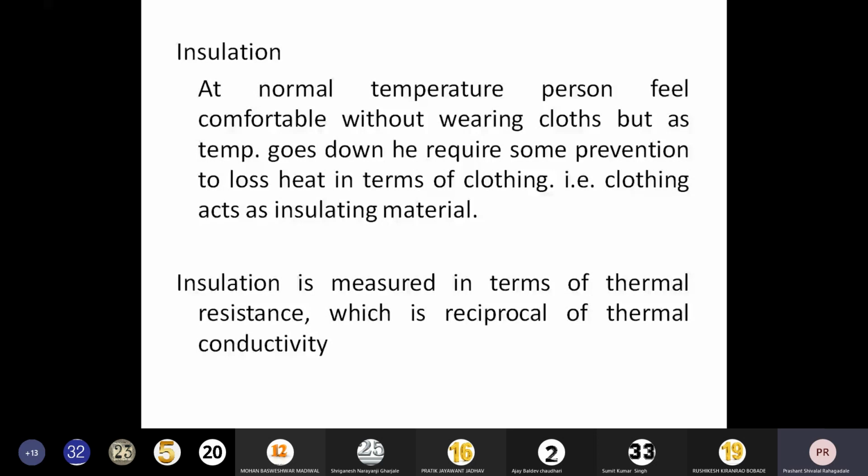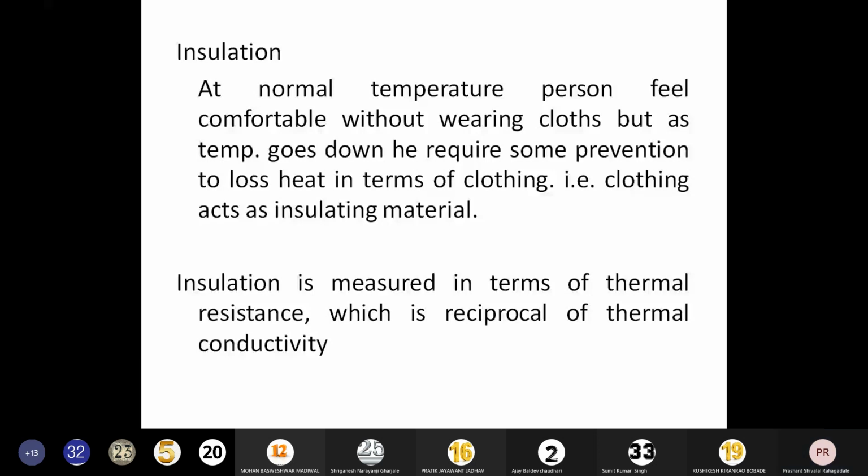And if suppose air temperature lowers below this, then you will find that the body will now lose heat without the added insulation given by your clothing. अगर आपका clothing उसको insulation देने में possible नहीं है, so your body will try to lose the heat. Okay, because you have to maintain the temperature of your body.